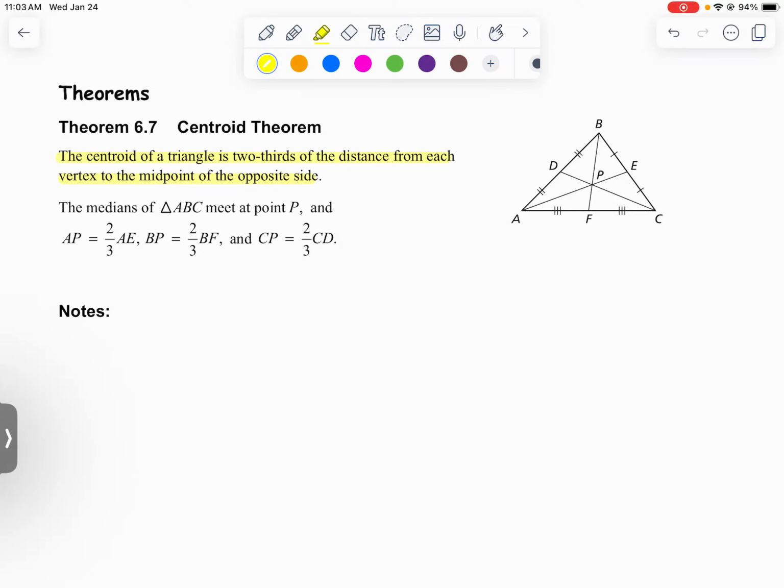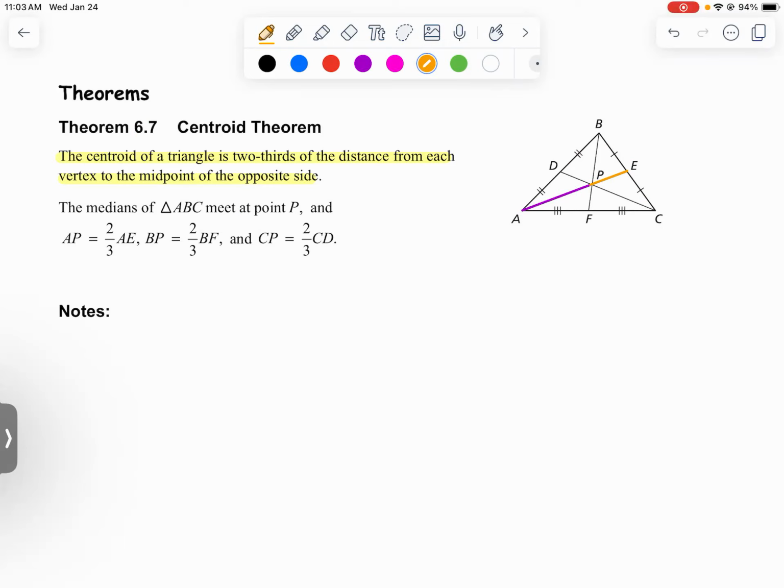If I take AE, AP would be 2/3 of that whole median, or I could say PE would be 1/3 of that whole median.